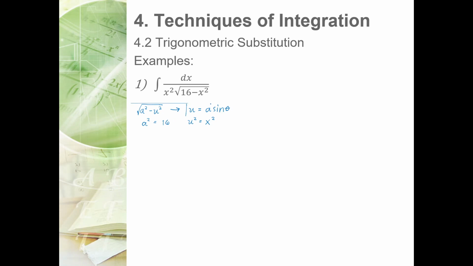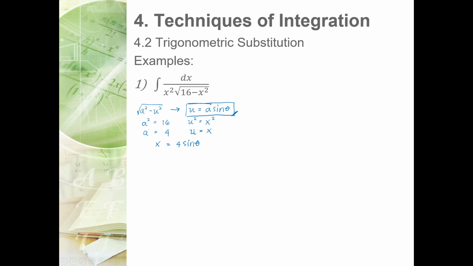So getting the square root of both sides, you have a is equal to 4, and your u is equal to the x parameter. Next, we utilize the formula. So you have x is equal to 4 sine theta.